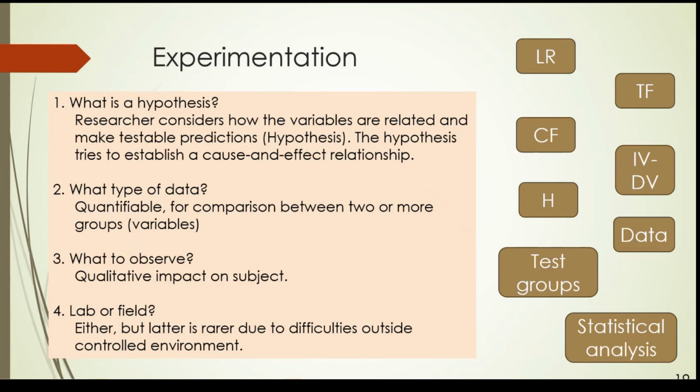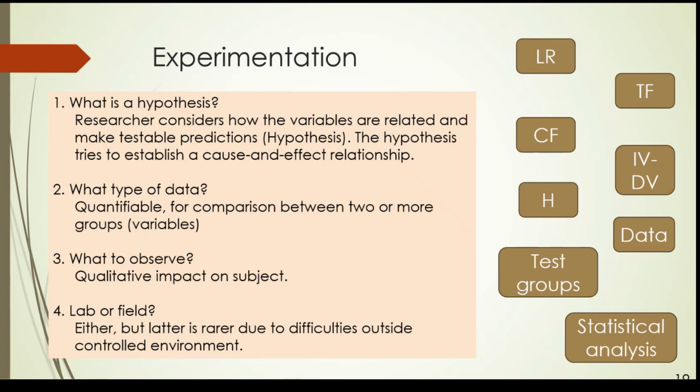What type of data? The data must be quantifiable, quantitative data, because we want to see the changes, right? So we need to identify the variables, for example, years and height of children. And then what to observe?